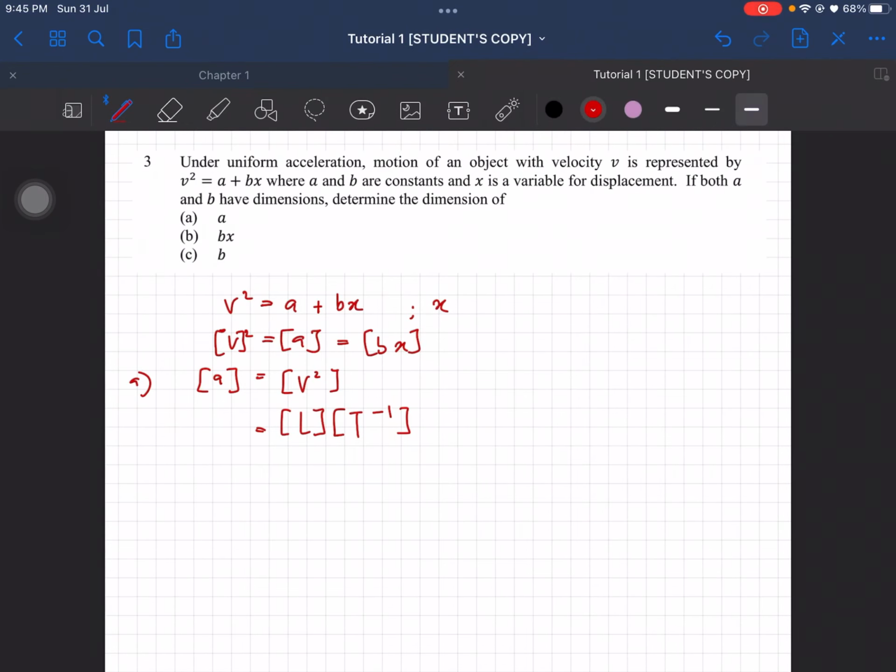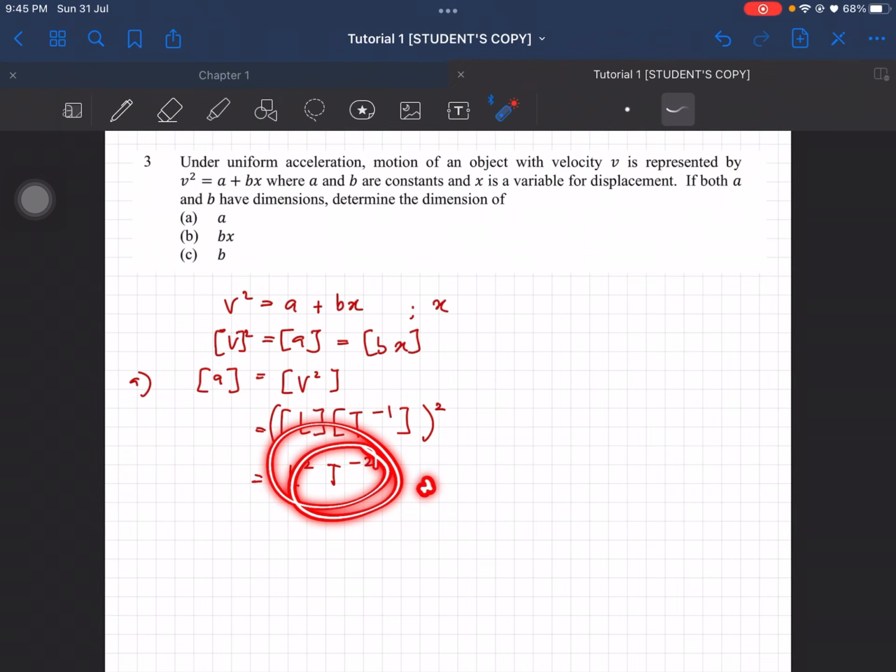And now since this is square, we are going to square this dimension here. Okay, so that is going to be L square t negative 2. So the dimension of a is L square t to the power of negative 2.